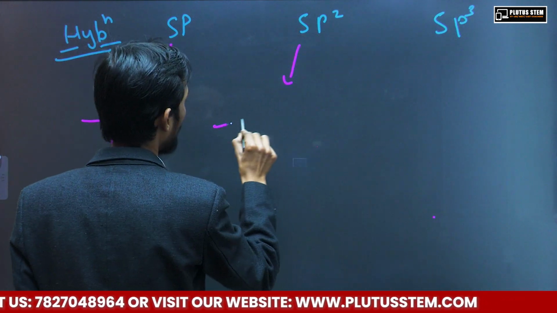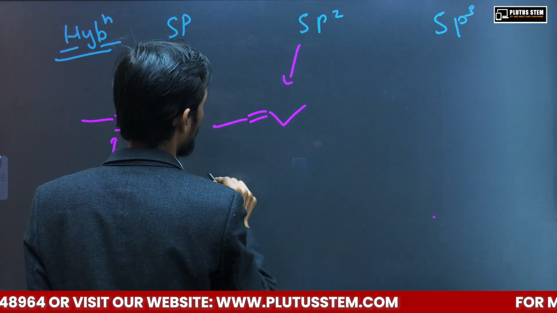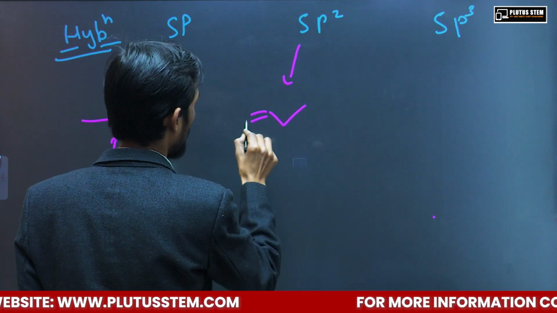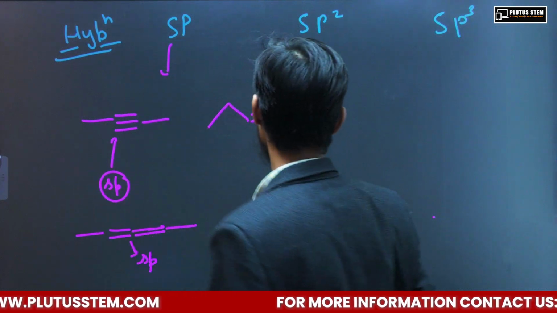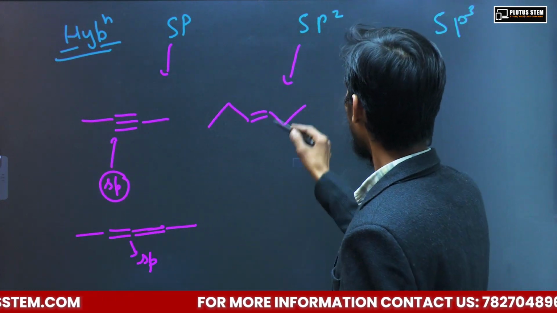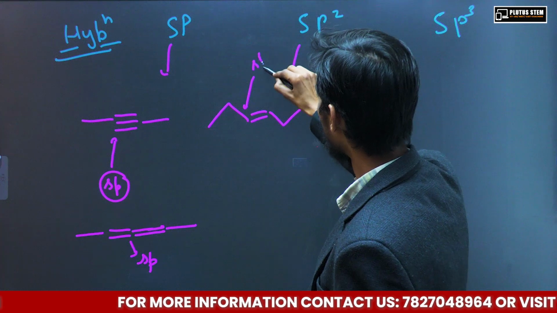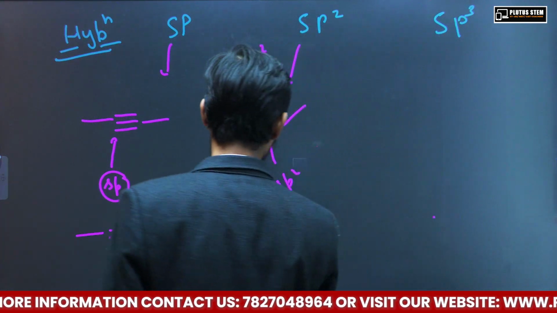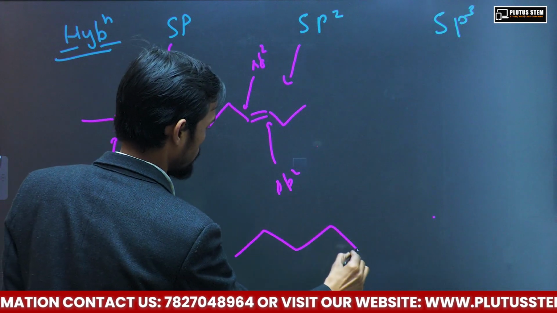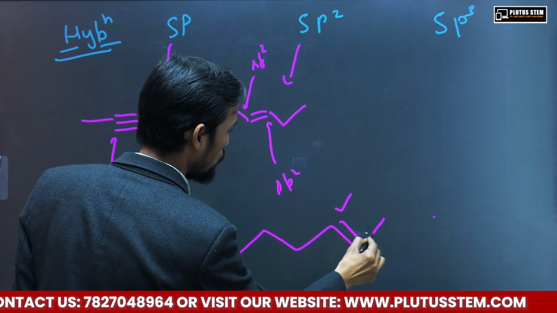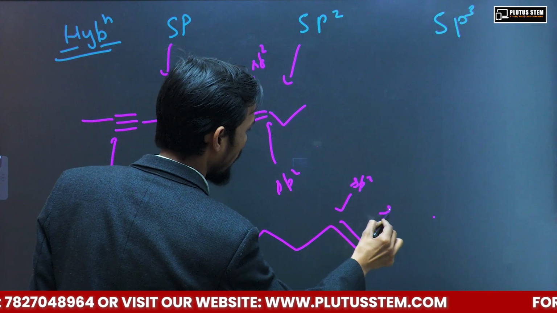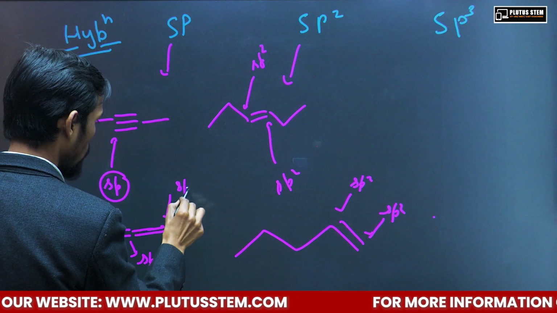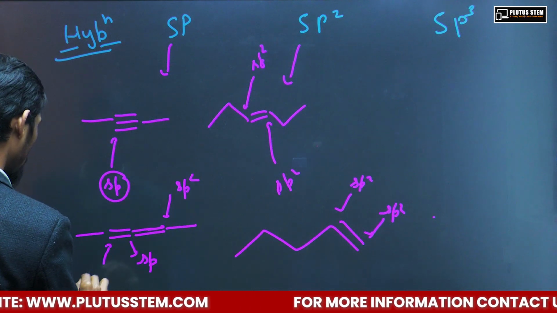If any molecule is having, like this, sp2 hybridization, this is sp2, this is also sp2. These two are sp2, sp2. This is sp, this one is sp2, this one is sp2.